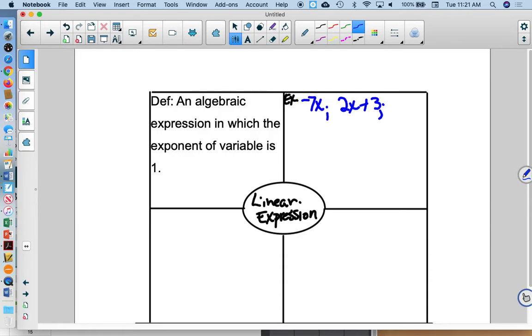The exponent of the variable is 1, and it doesn't have an equal sign. An expression does not have an equal sign. What if I said 8 minus 1/4 x? Is that an expression? Yeah.